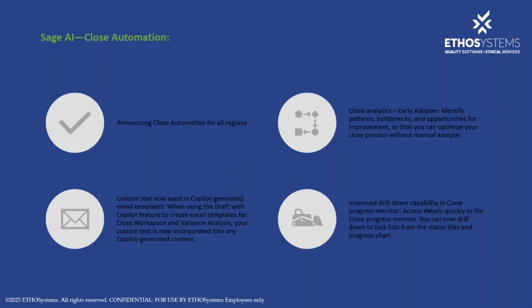So Sage, in our last release, we talked about the new Sage AI close automation. So that is moving into general availability. What this is, in Sage, you've got the ability to set up a number of checklist items to help guide you through the close process.